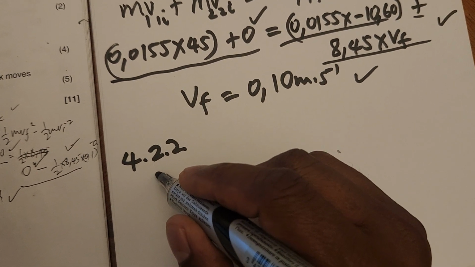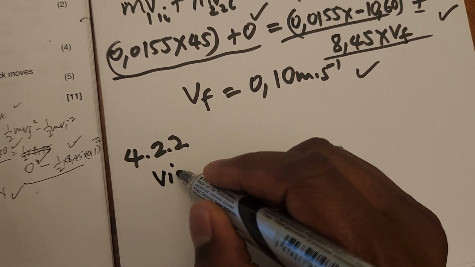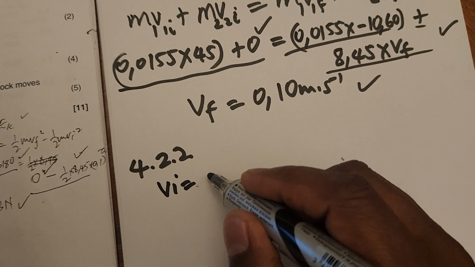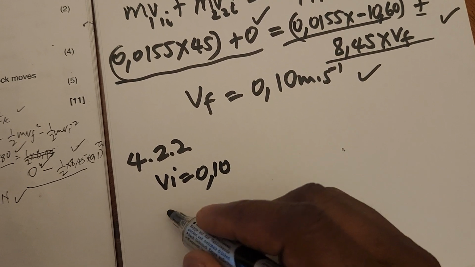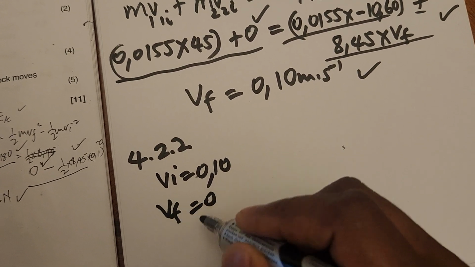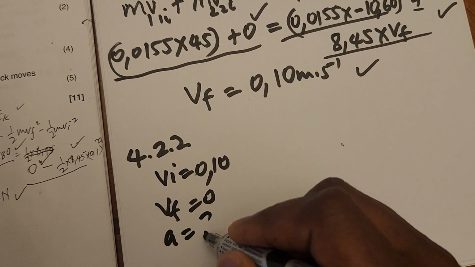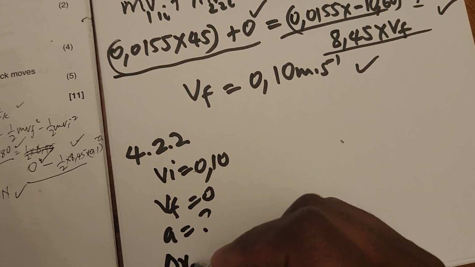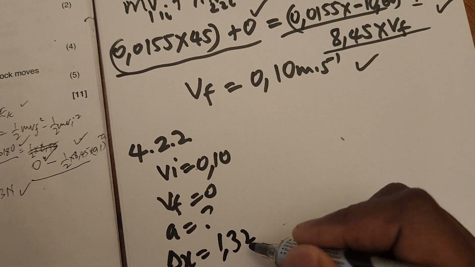We are given the initial velocity is 0.10, final is 0, acceleration is the one I'm calculating, delta x is 1.32.